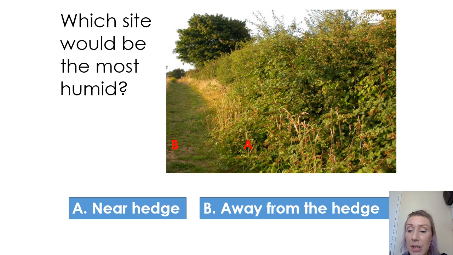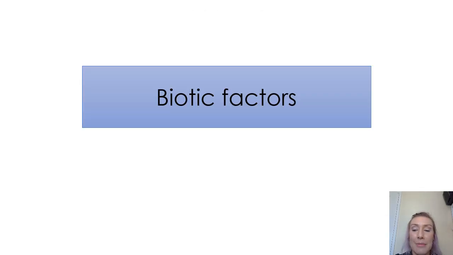Remember, transpiration is happening from the plants all the time. So I'm hoping you've picked near the hedge. You'd have water loss from the leaves, but then it would be trapped by other leaves in that hedge. So it'd be a bit more moist than the open air. Okay, so that was a quick quiz review of your abiotics.